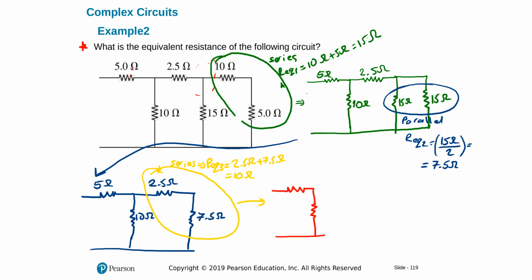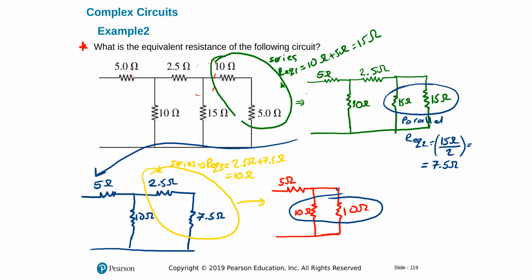Quite simplified now. I have one only left on the side. Here, 10 ohm as well. 10 ohm, 10 ohm, 5 ohms. These two 10 ohms are now in parallel. I'm sure of that. I can easily see it now.